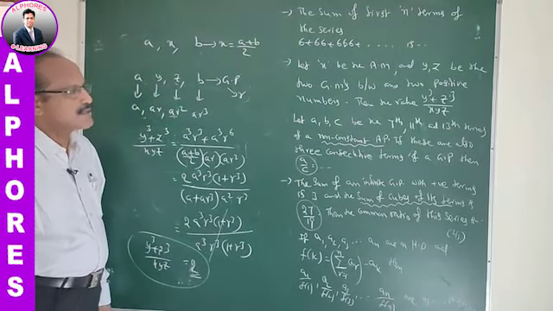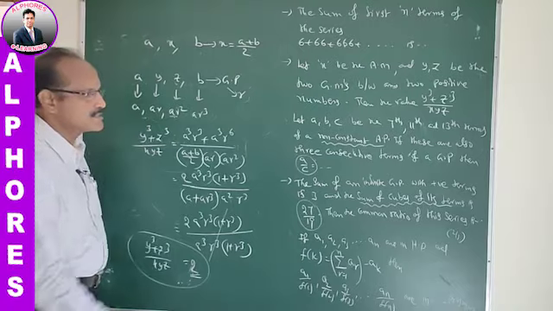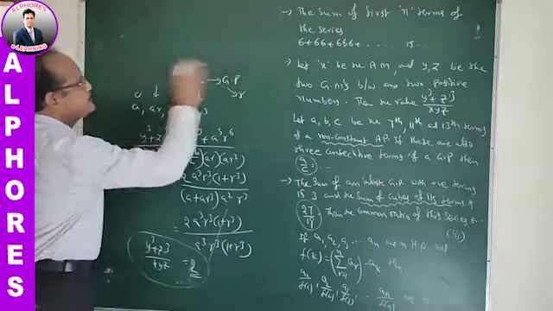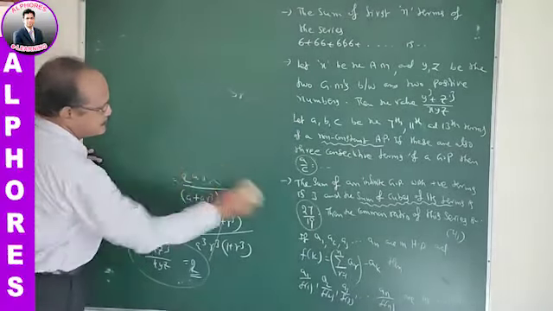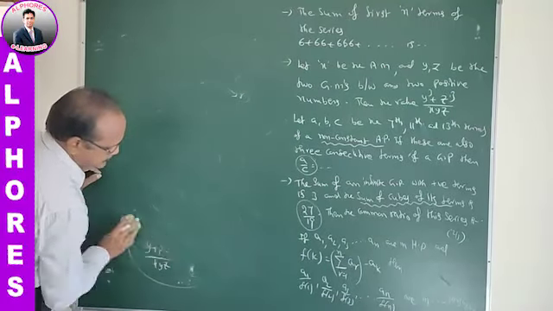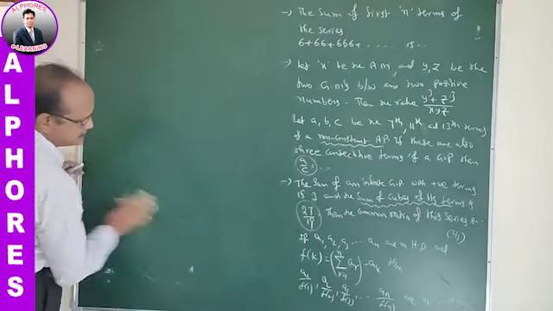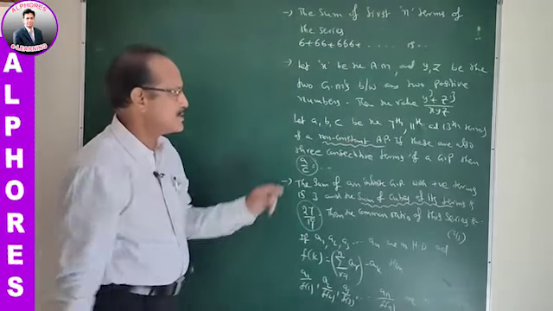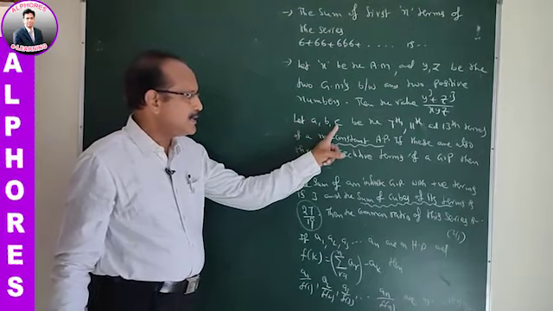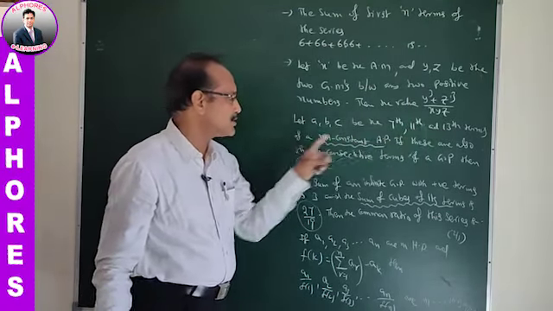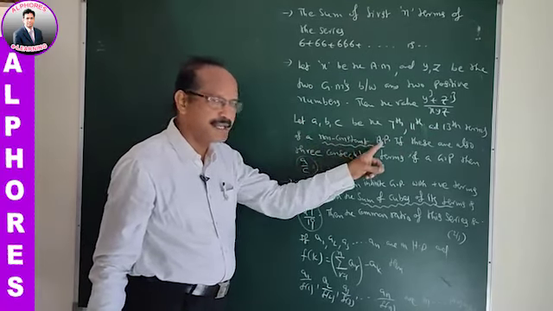Next, coming to the next question. The question is: let A, B, C be the 7th, 11th and 13th terms of a non-constant AP.